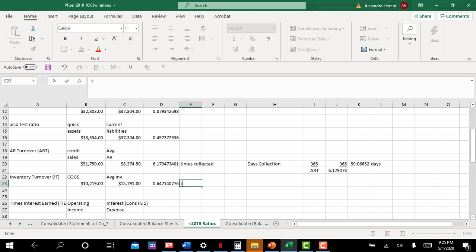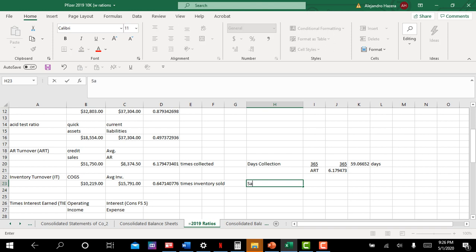I'm going to label this times inventory sold. It's less than 1, which seems strange, but this is the way the ratio is calculated.